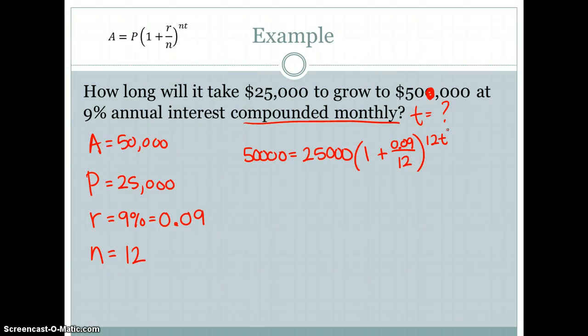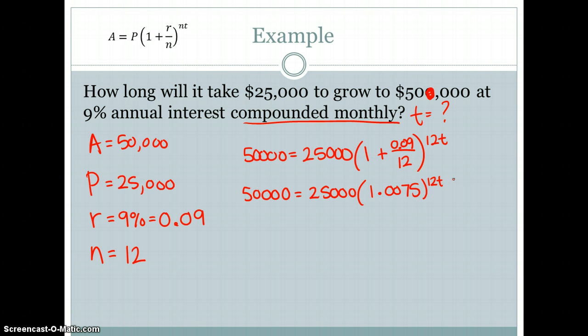If we're going to solve this, we solve it like any exponential equation. First off, I'm going to simplify what's inside of this parentheses, just so it looks a little bit nicer. So 1 plus 0.09 divided by 12 gives us, in this parentheses, 1.0075 to the 12t.